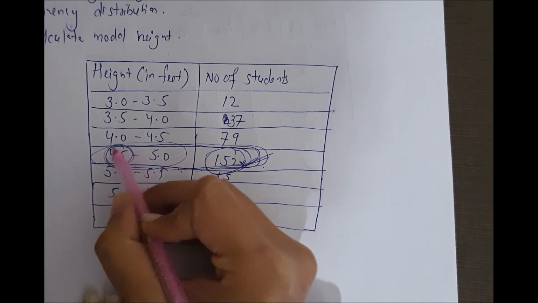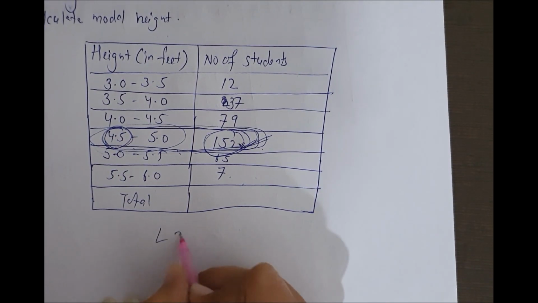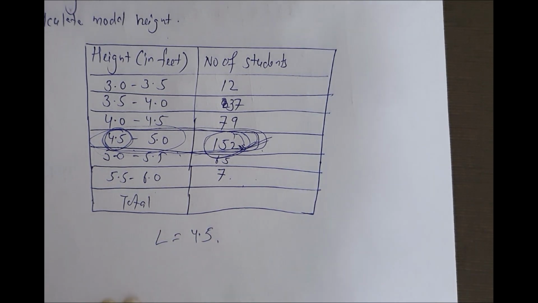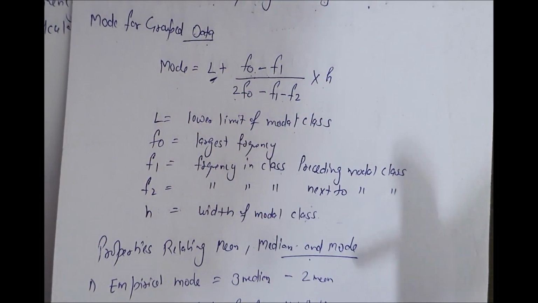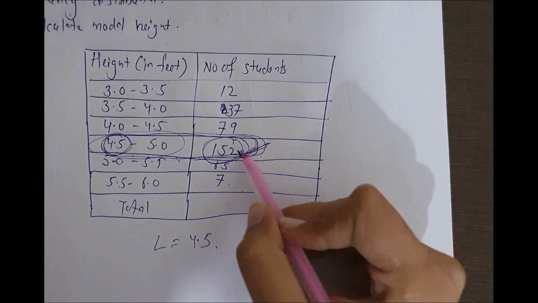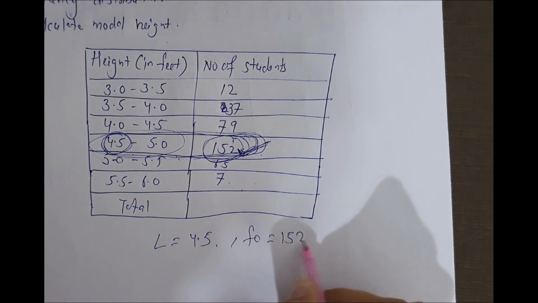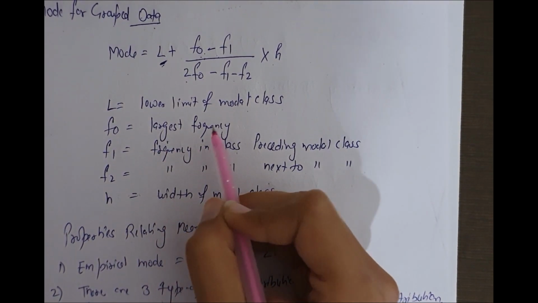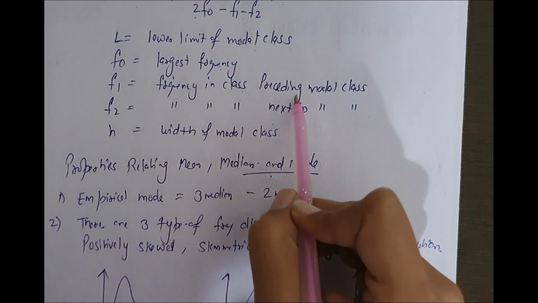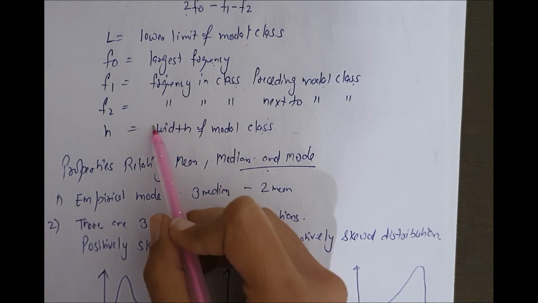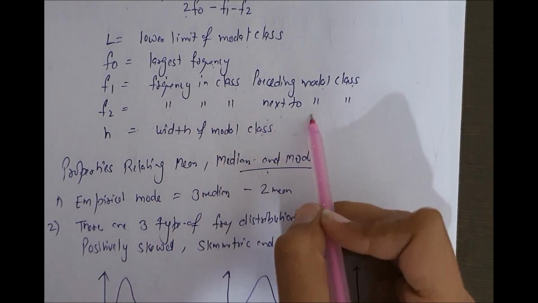So L will be the lower limit of the modal class. Here L is 4.5. Now what is F0? F0 is the largest frequency. F1 is the frequency in the class preceding the modal class, and F2 is the frequency in the class next to the modal class.